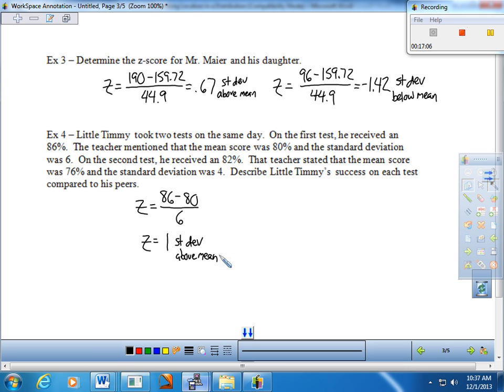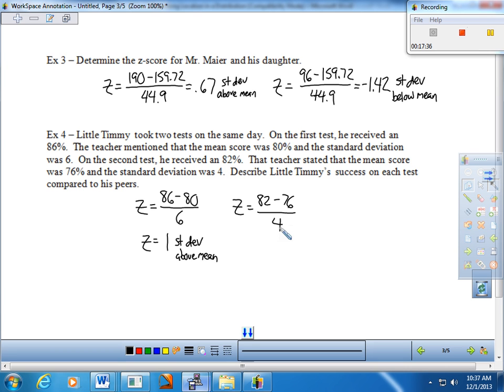Perfect. Now the second test, again, the raw score was lower. Should he feel worse about that score or better when he compares himself to the entire class? So in this case, got an 82. Mean score was a 76. And standard deviation, so the variability was smaller in this class compared to this class. Standard deviation here was only 4.